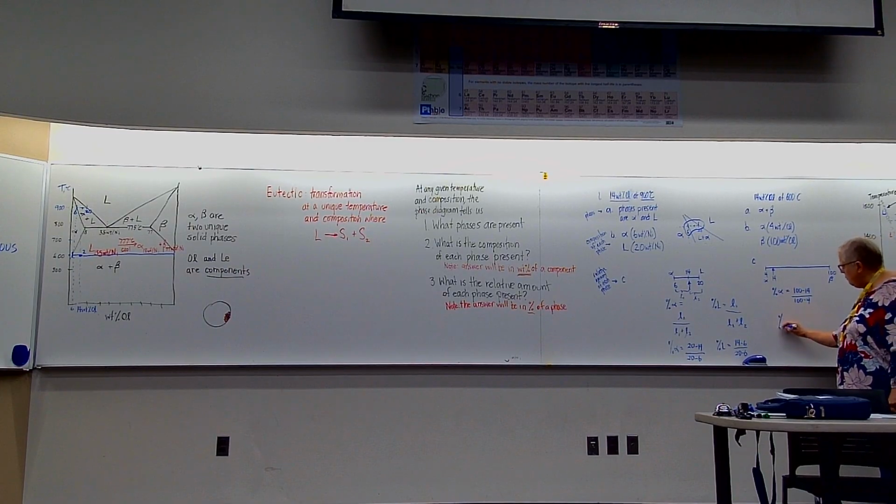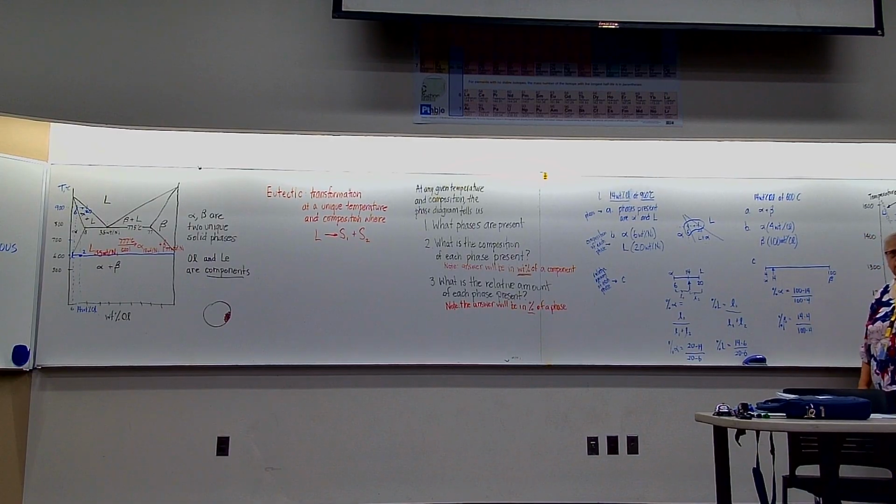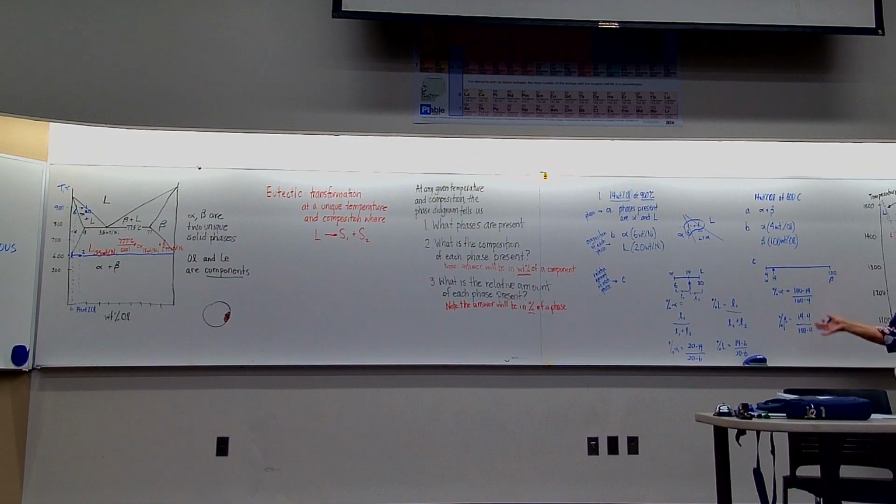And the percent beta is 14 minus 4 over 100 minus 4. And we're going to do a lot of that calculation for a while. So make sure you've got that flip there in your head, right?